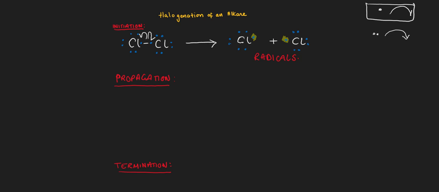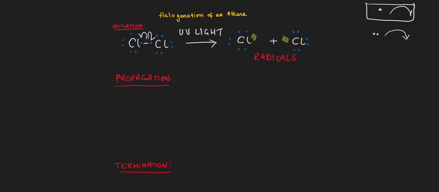I also need to show the condition. So this breaking of this bond doesn't happen by itself. It needs an energy input, and the energy input is coming from UV light. Okay? So it's only then that we have all the information we need.